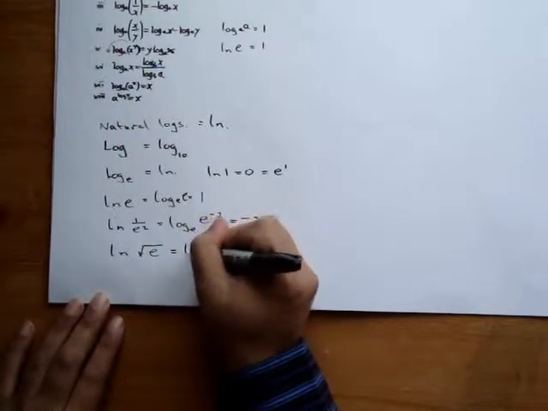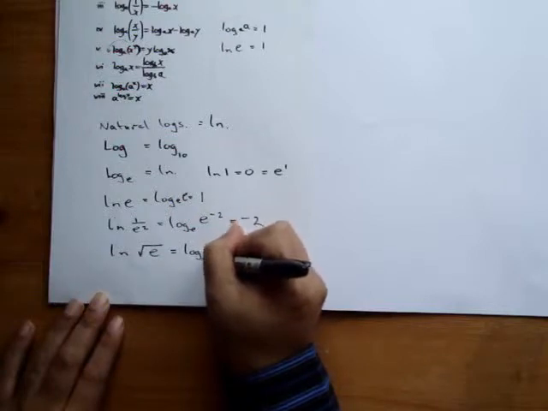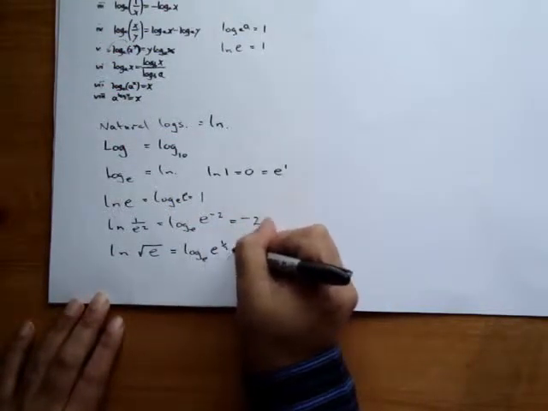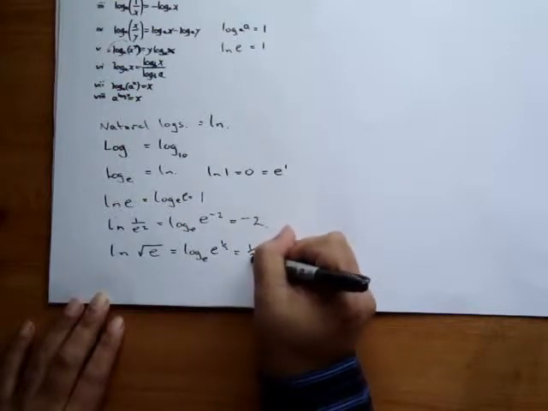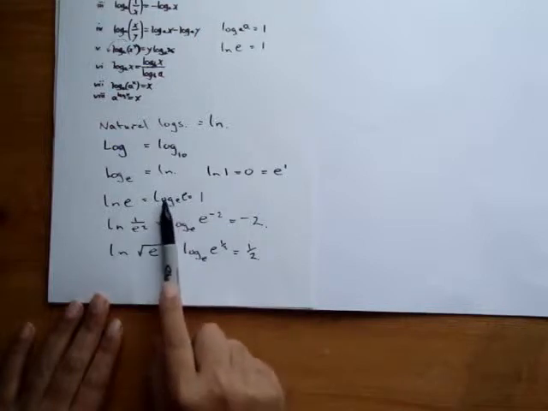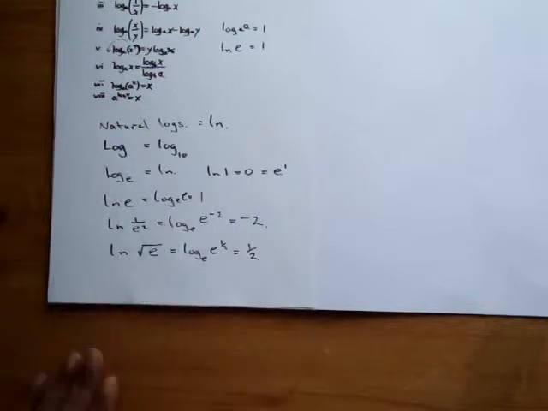It is log e to the half, which equals a half. In all these cases, log to the base e can be written as natural log.